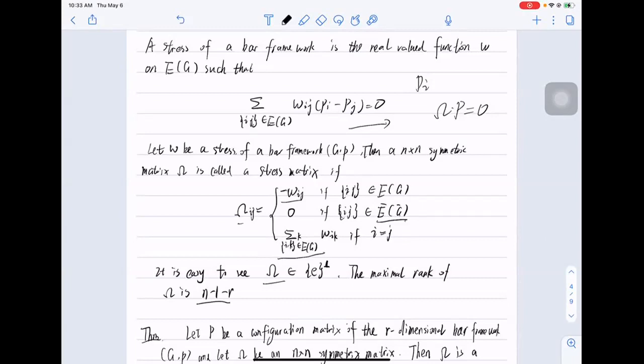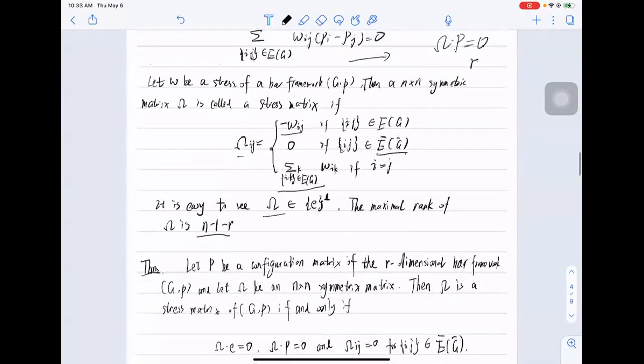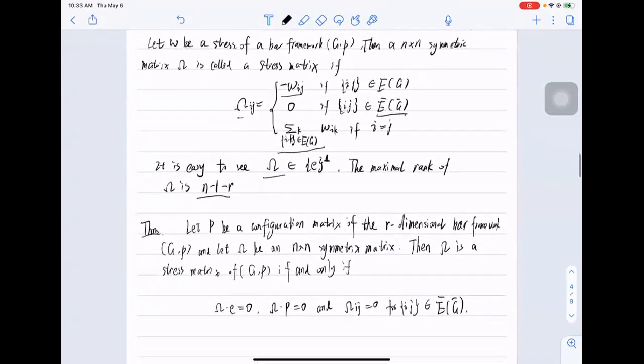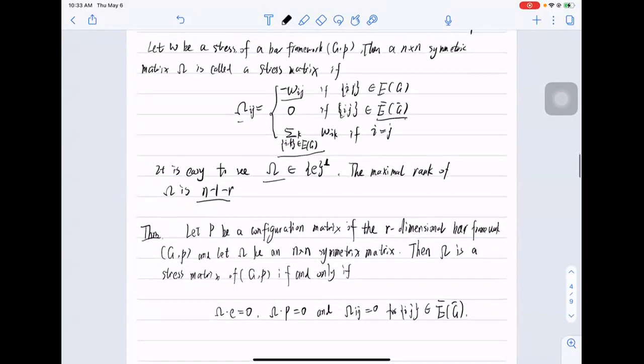This P reduces the rank by R. And omega has to be orthogonal to E, which reduces the dimension by another 1. So the maximum rank of the stress matrix omega is n minus 1 minus R.